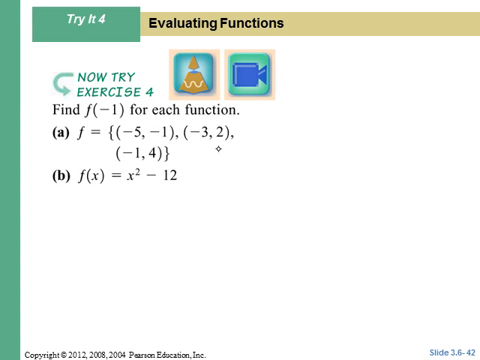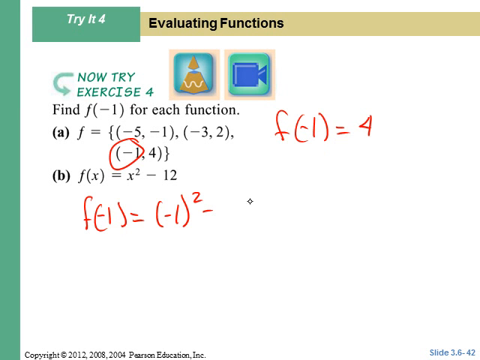So find f of negative 1. When x is negative 1, y is 4. F of negative 1 here is negative 1 squared minus 12. Negative 1 squared is 1 minus 12 is negative 11. Next one.